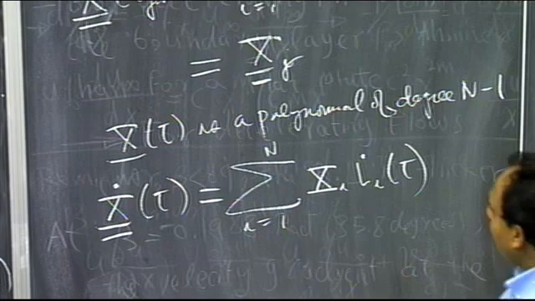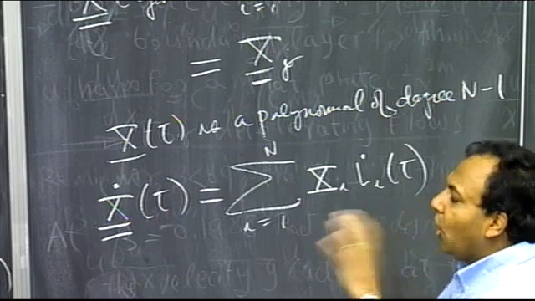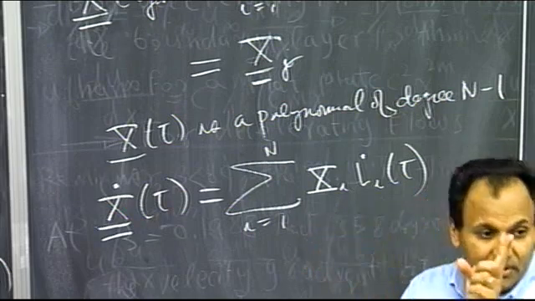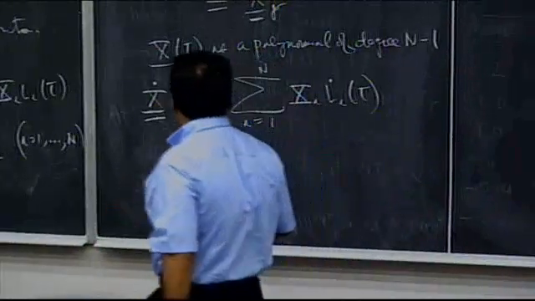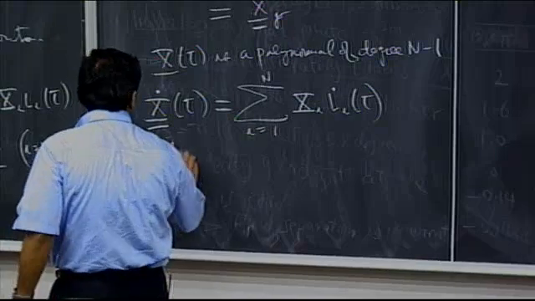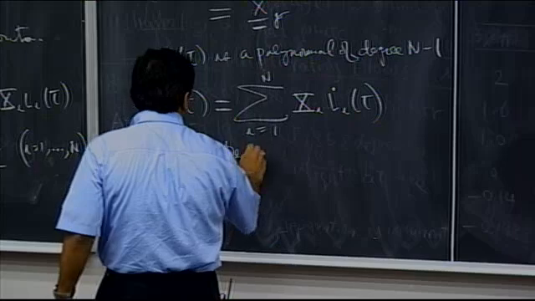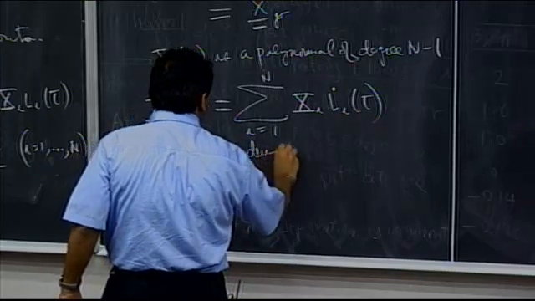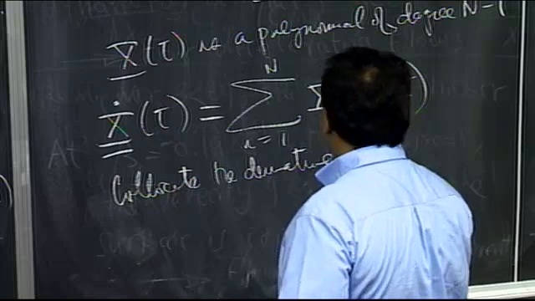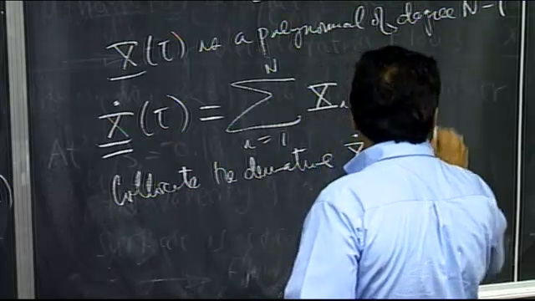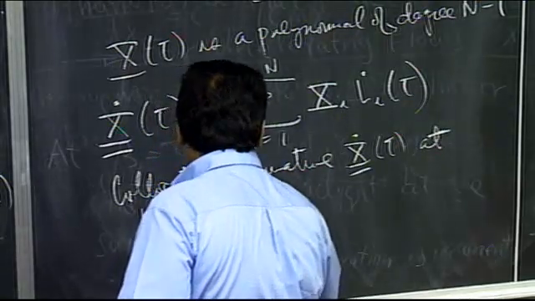Now, let's suppose that I now am going to collocate. Remember, I have to use all the points. So I have to collocate it at all the LGL points, okay? So now what we're going to do is we're going to collocate the approximation of the derivative x dot of tau at the n LGL points.